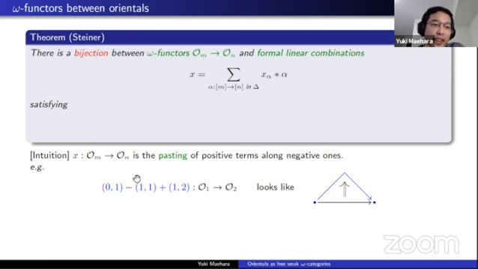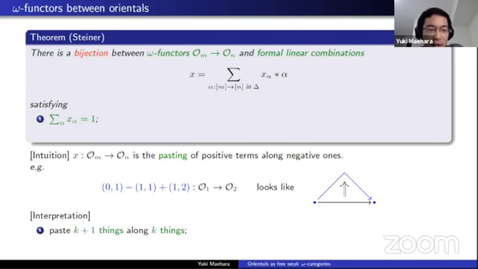And with this intuition in mind, we can look at the conditions in this theorem and try to make sense of them. The first condition is that the sum of the coefficients, where x alpha is the coefficient of alpha in x, sums up to 1. According to this intuition, we are pasting k plus 1 things along k things for some k.